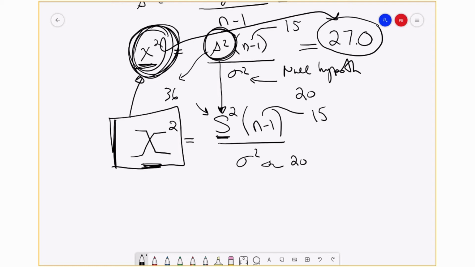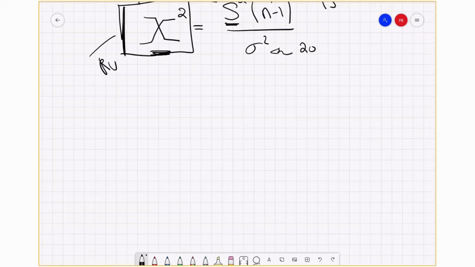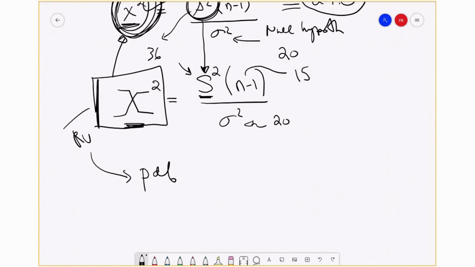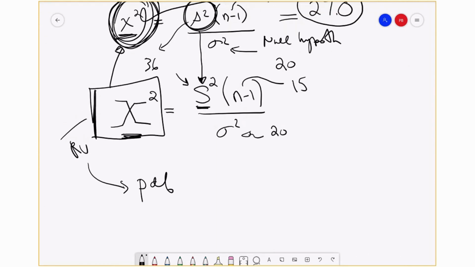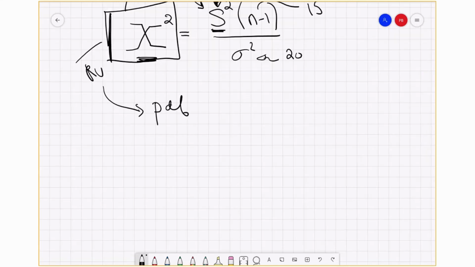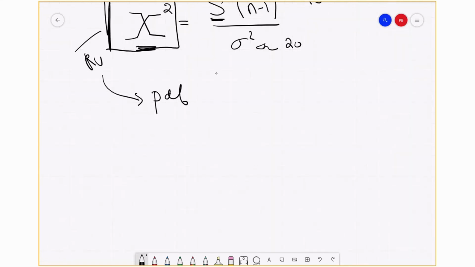Now what we know is, if it's a random variable, it has a probability density function. And what we're doing here is calculating the probability density function of chi-squared, which is a sample statistic. So the probability density function of this random variable chi-squared is a sampling distribution.